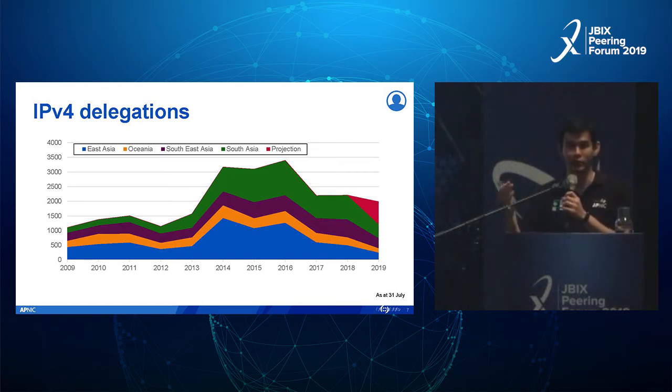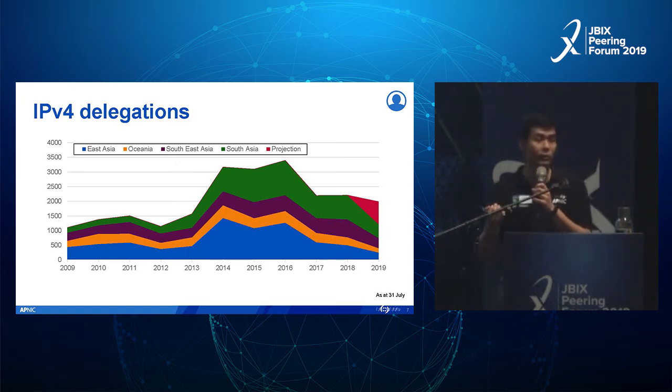As the policy changed, now members can only get a /23. So it has dropped very quickly from a /21. And then because the recycled pool ran out, members need to be placed on the waiting list. And now we are only delegating a /23 to each new organization or new member.